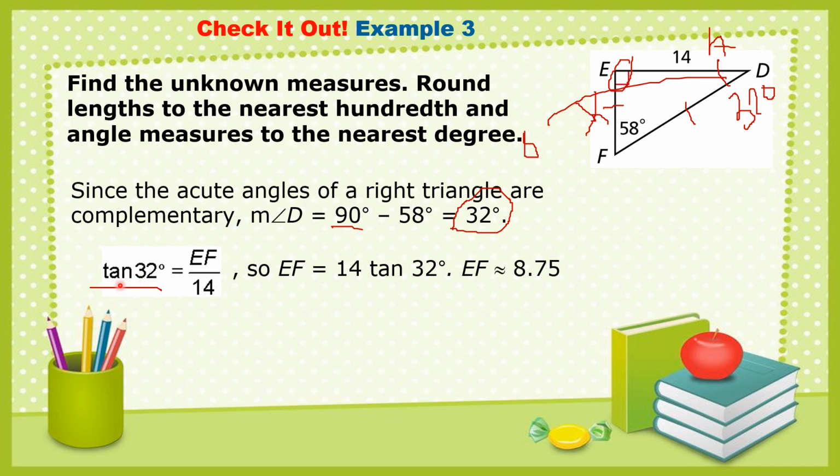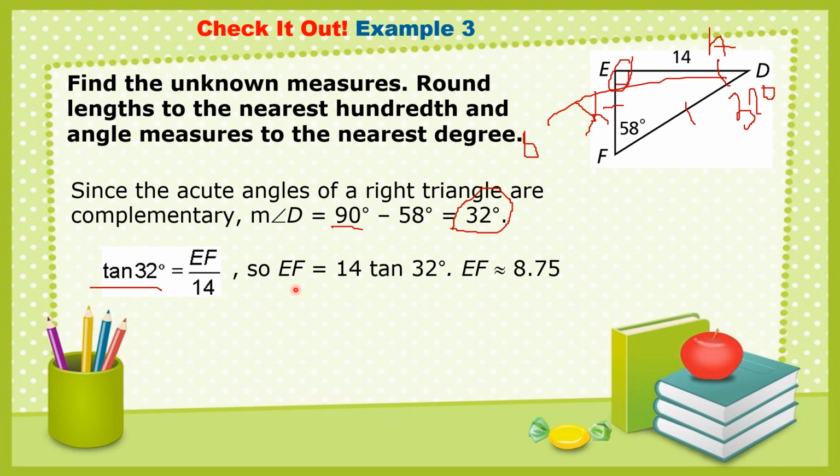So, tan 32 here is segment EF divided by segment ED, which is 14. So, EF is 14 times tan 32 degrees. Therefore, EF is equal to 8.75.